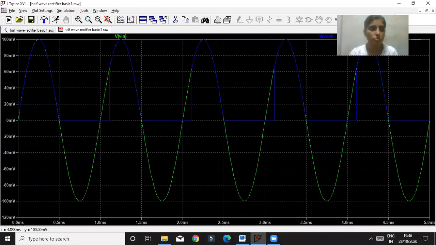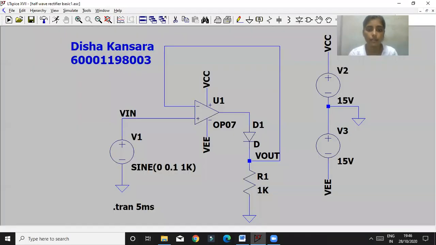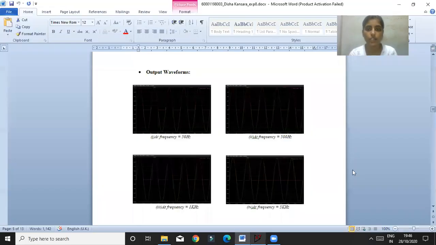For the basic half wave, the output voltage is clipped in the positive cycle, where my output is approximately 99 millivolts. So yeah, this is the output for the basic half wave for the frequency of 1K.